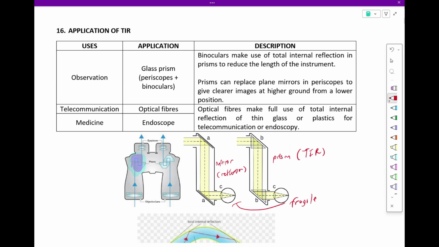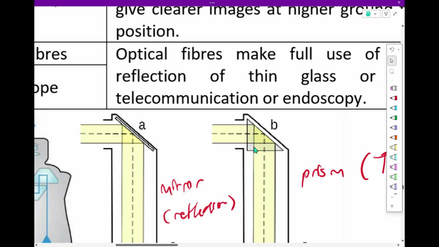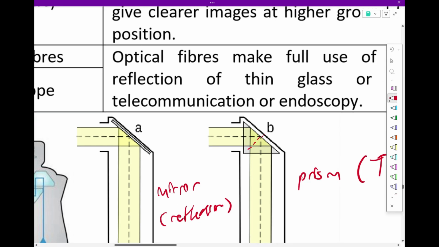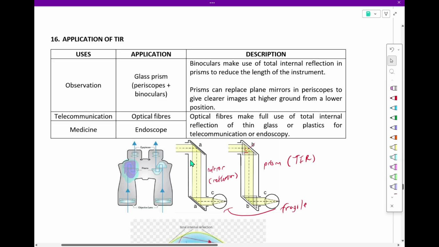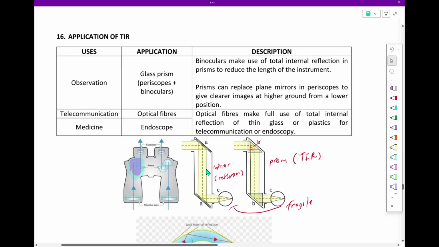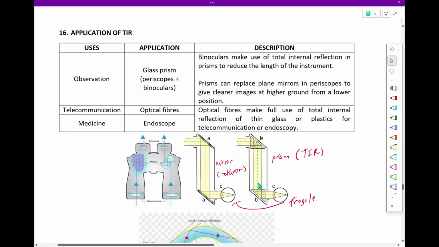Because compared to a thick prism, you notice that over here, if you draw the normal, 1, 2, 3, 1, 2, 3, I and R is the same. So because it's a thick prism, it's not as fragile, and therefore it is actually more durable compared to just a normal mirror. So that's why normally in modern technology, total internal reflection is used more often than not.